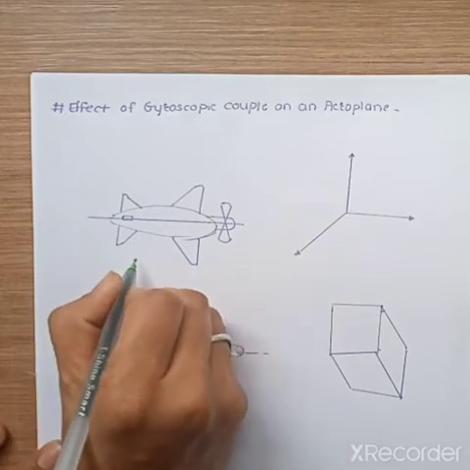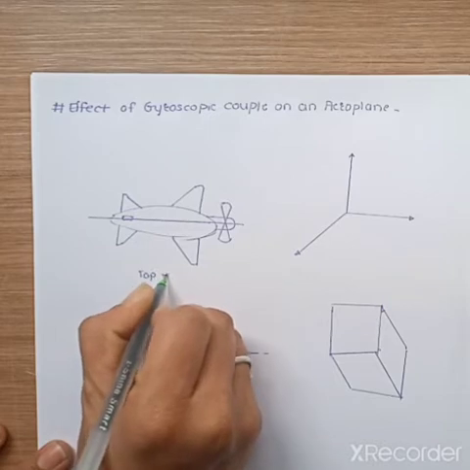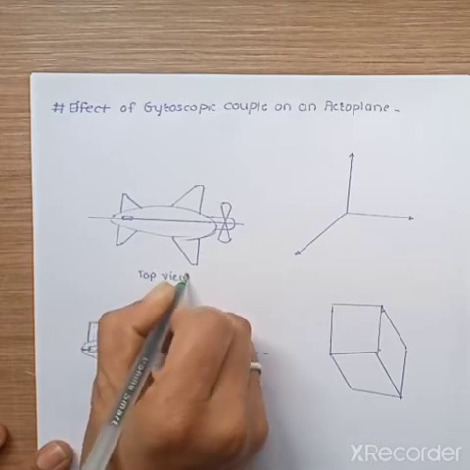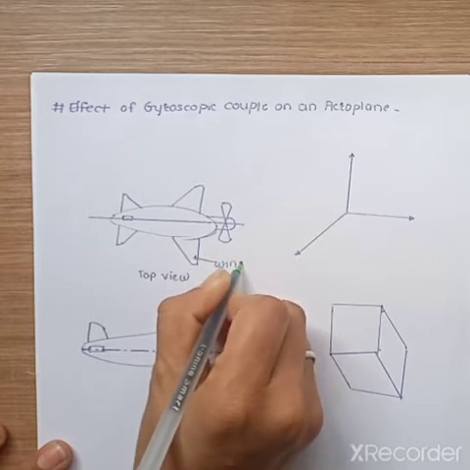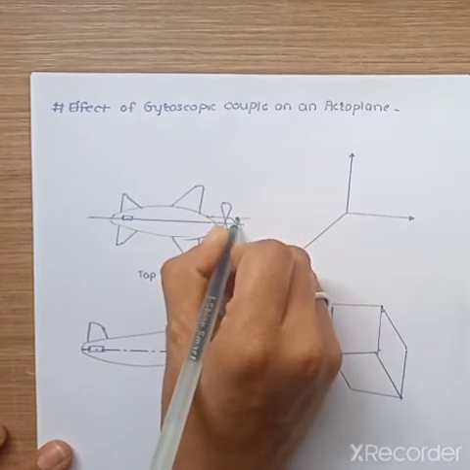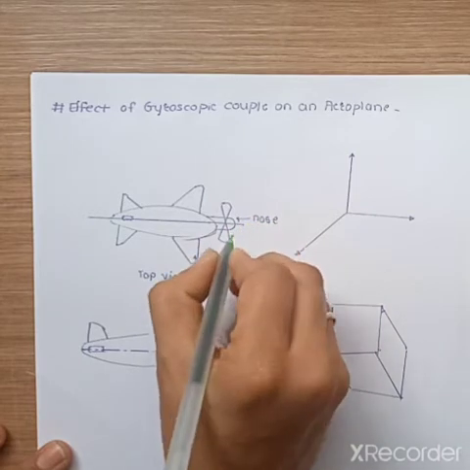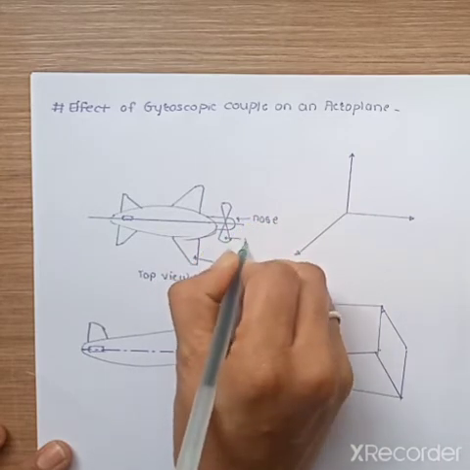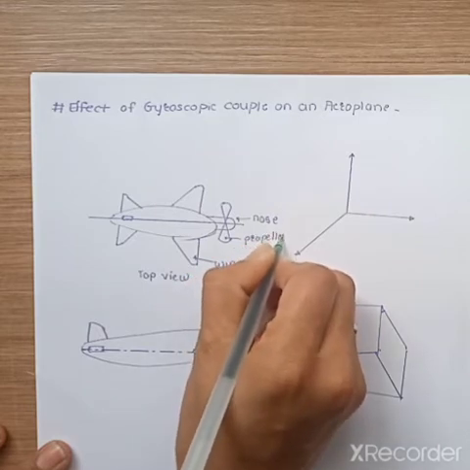Suppose we are viewing an aeroplane from the top. So this is the top view. These are the wings of the plane. This is the nose. And we can call this the propeller. Okay.